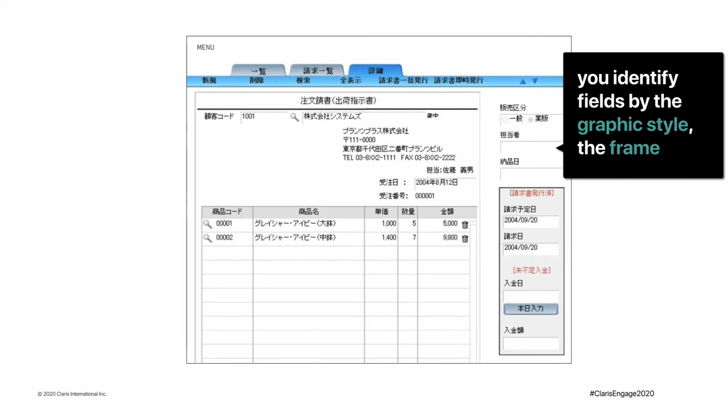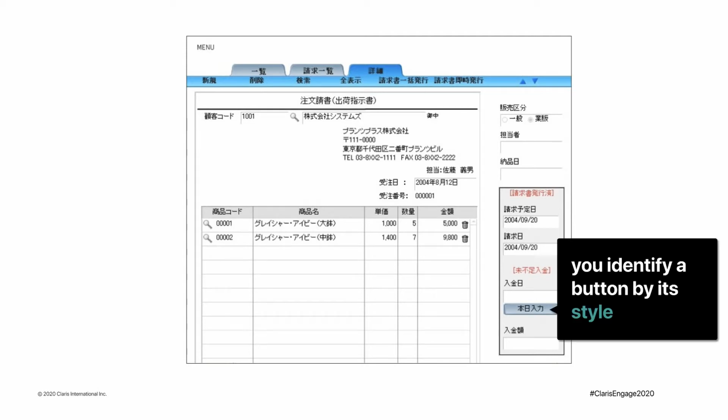On the right side, I guess that the three elements are fields because of the frame and the borders. On the bottom of the screen, I guess this is a button because of the specific graphic style, the gradient, the bevel, the colors. It is a conclusion made only on the visual aspect of this layout.